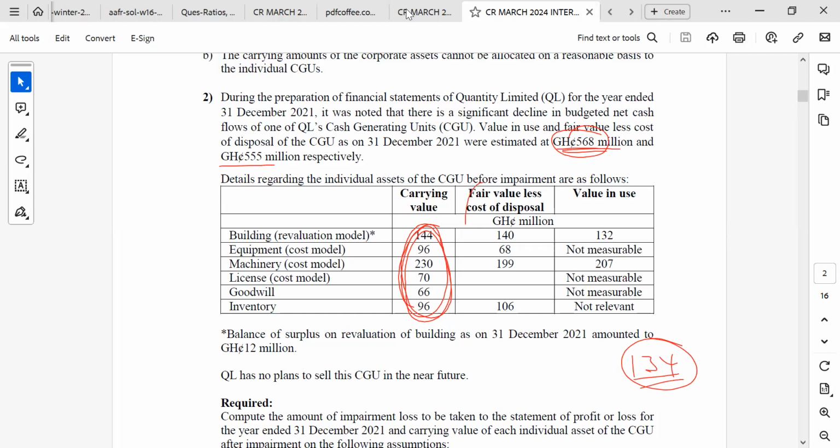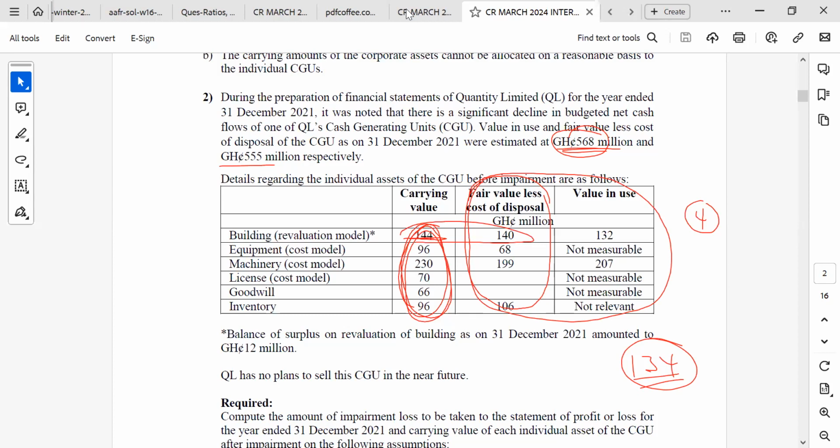Let's now look at the fair value less cost to sell for each of these ones. So you determine the recoverable amount for the individual assets. So what is the recoverable amount for the building? 140. But the actual value was what? 144, isn't it? Yes. It means that 4 out of the impairment will be relating to the building. So we only reduce the impairment to the recoverable amount of the asset.